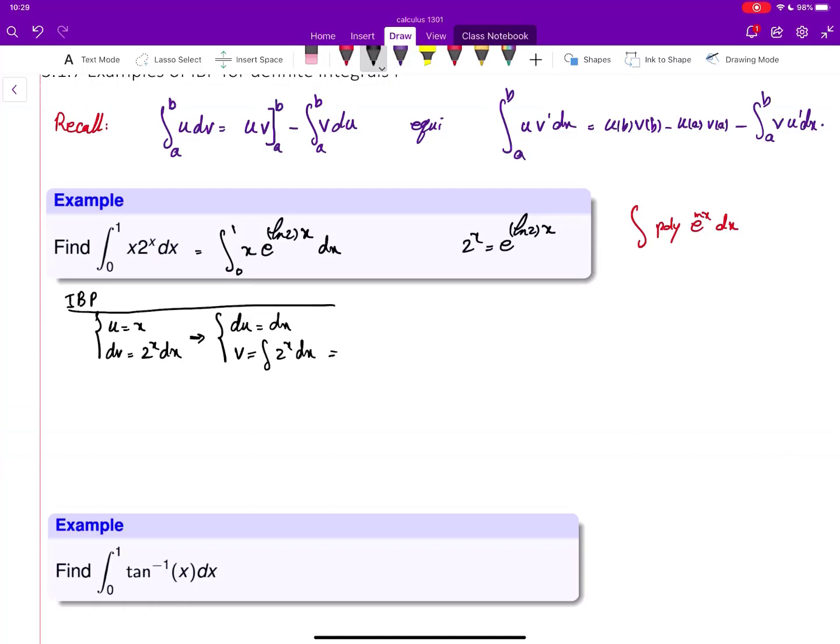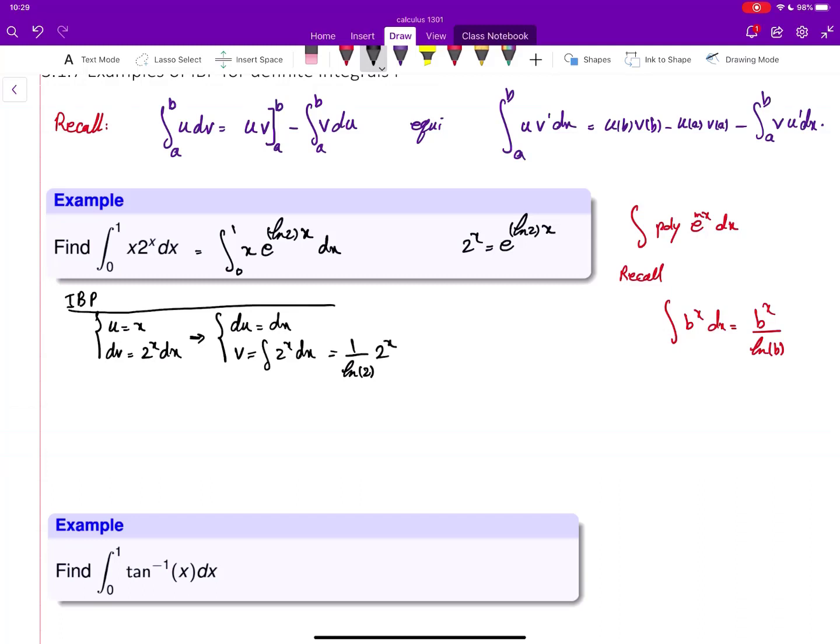Remember, in general, the integral of b to the power x dx is b to the power x divided by ln of b. So in this case, I have 1 over ln 2 times 2 to the power x.